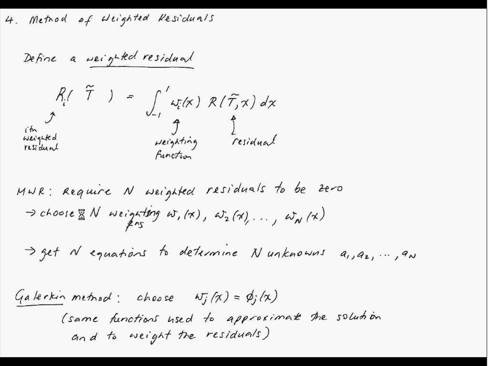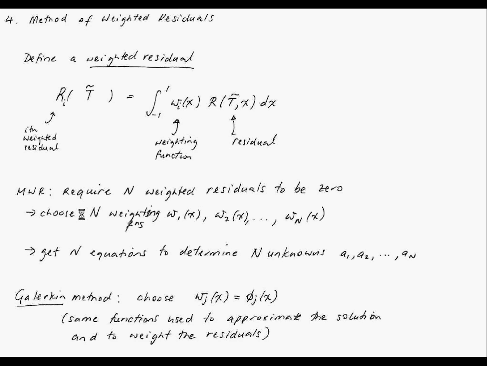That's a function of x. And we're going to take our residual. I'm going to give this a little different notation just to make sure that they're different. And it's going to be integrated over dx.